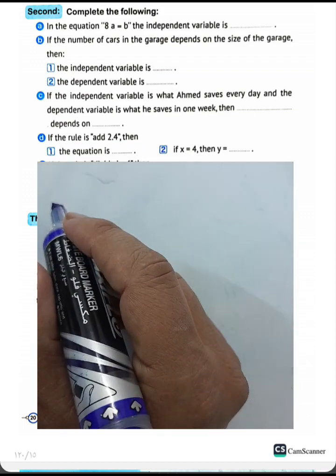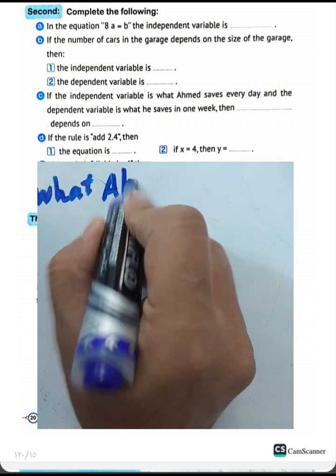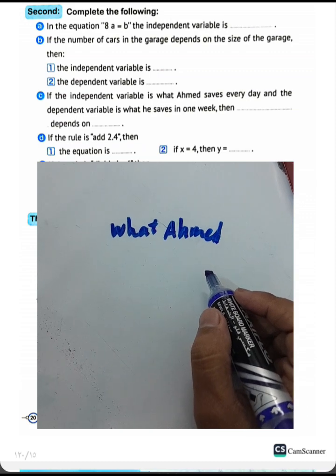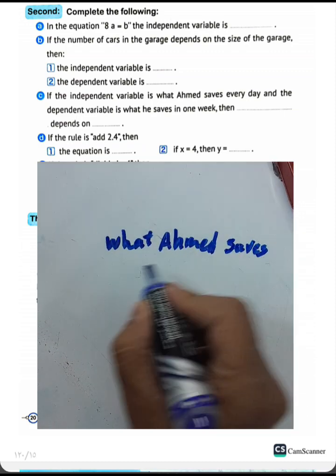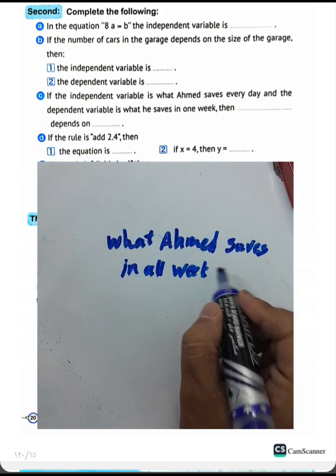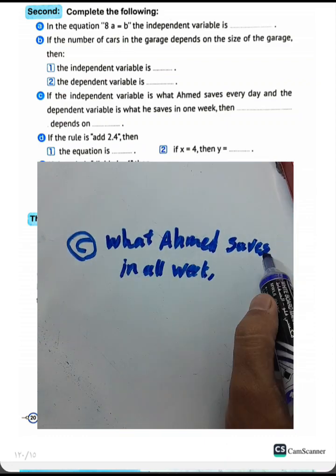Right, in the first space here, what Ahmed saves in all week. Okay, it's the first result about letter C.